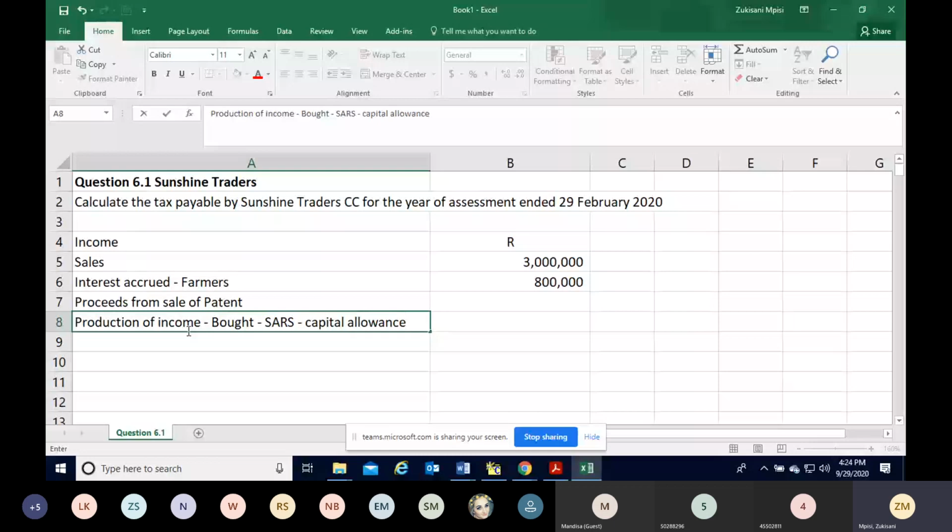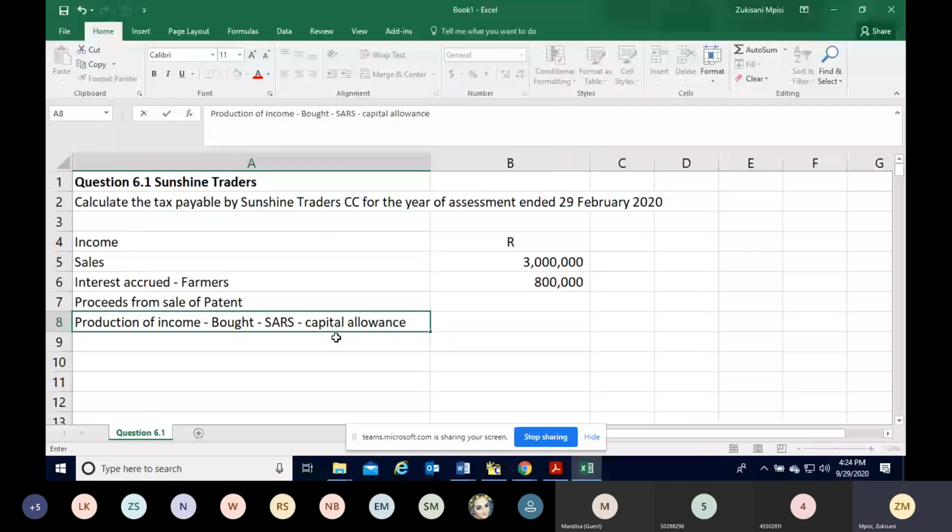So you were not buying the patent to actually resell it again. So annually, they gave you a capital allowance, which was reducing the tax that you were supposed to pay. Because remember, capital allowance is a deduction. So what SARS now needs to look at is: I need to recoup all the capital allowances that I provided to you.